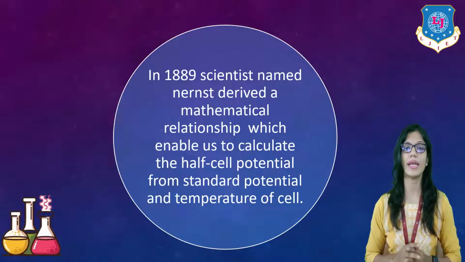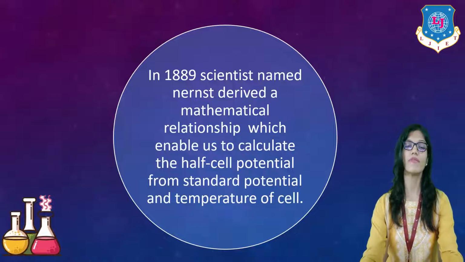In 1889, a scientist named Nernst derived a mathematical relationship which enables us to calculate the half cell potential from the standard potential and temperature of the cell.